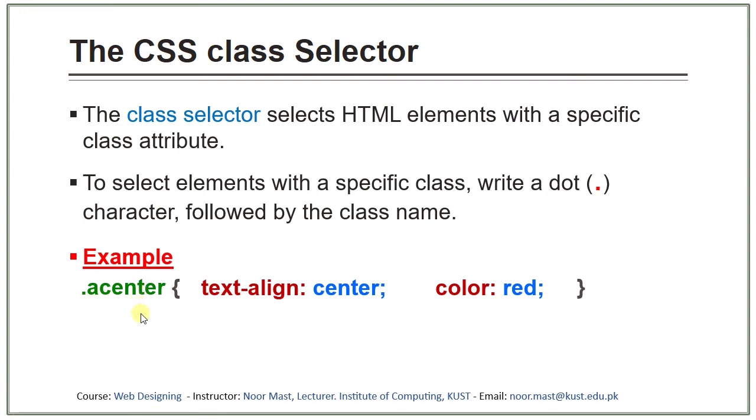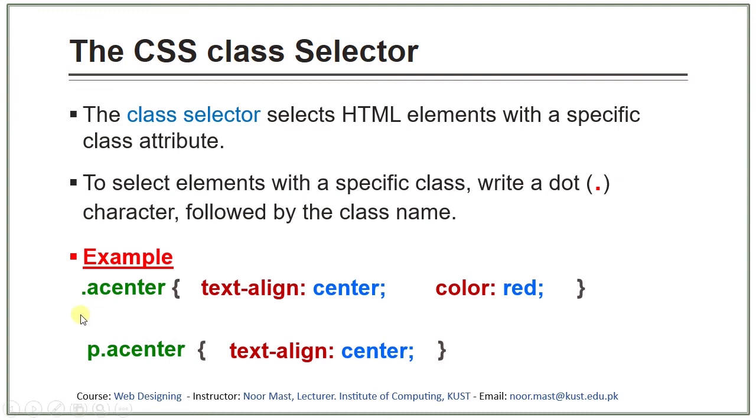Suppose there are a number of P and H1 elements with class a center, but you want to center align the text of paragraph elements only, then use the class attribute in the following format.